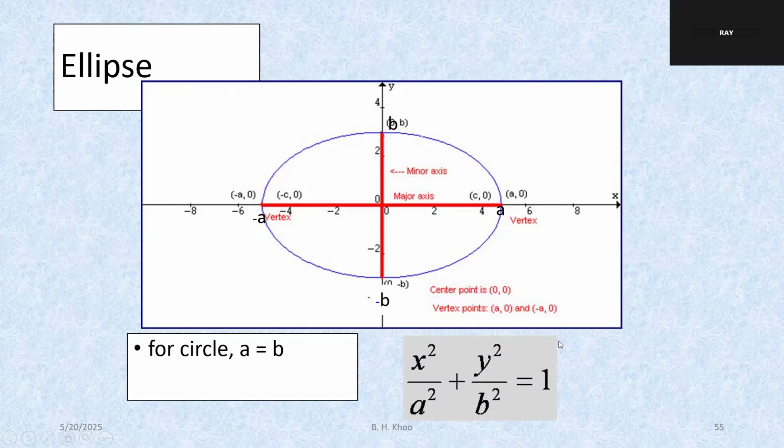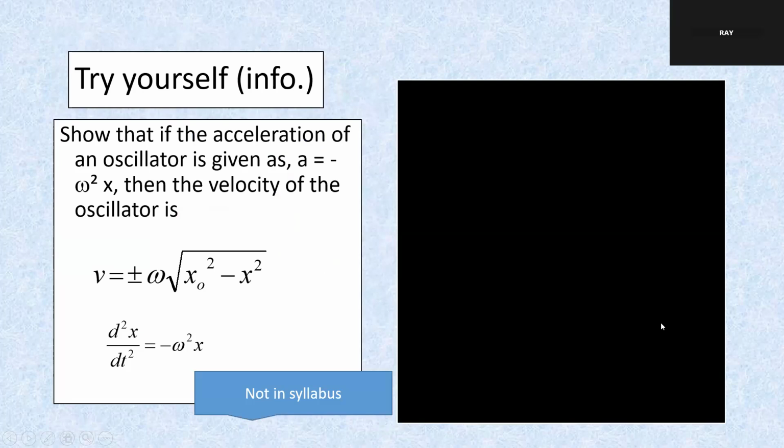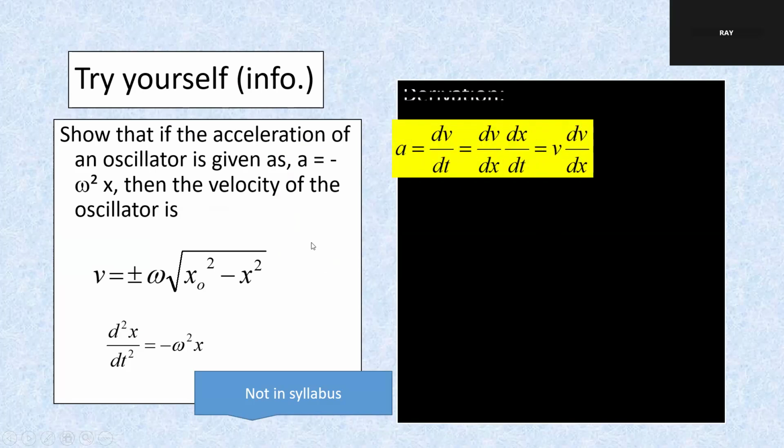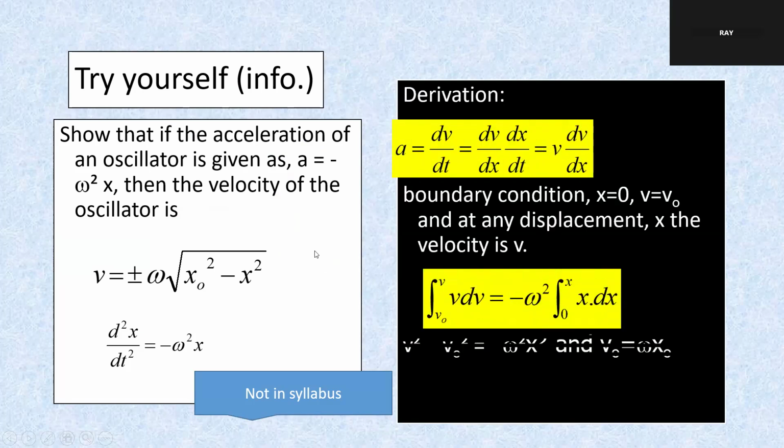You don't need to go into all that detail. This is just for your info only. Right? This is also for your info, it's not in the syllabus. This is just for you if you are interested. To derive the equation, usually in A-level physics there are certain derivations you need to do.